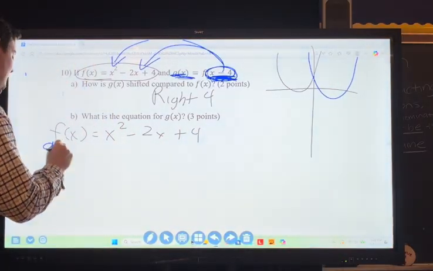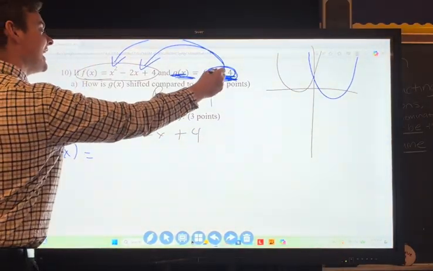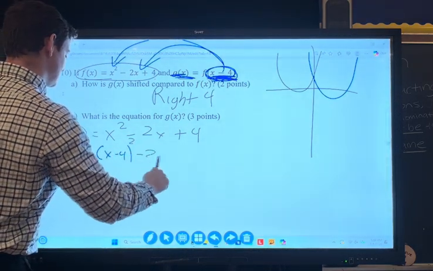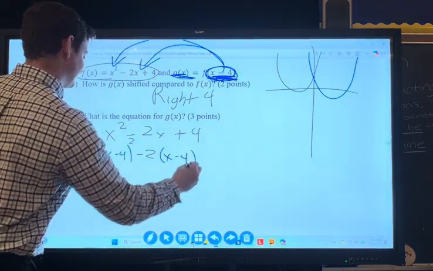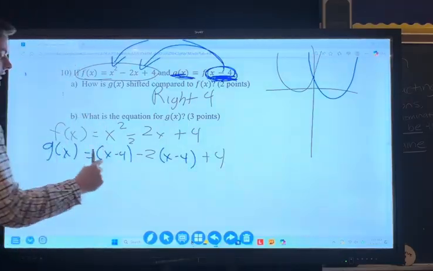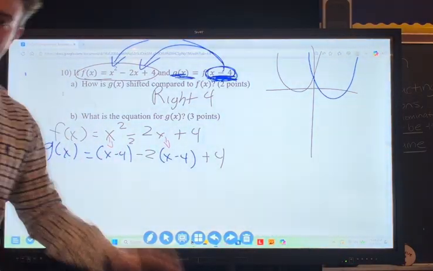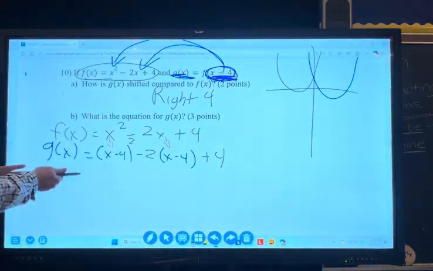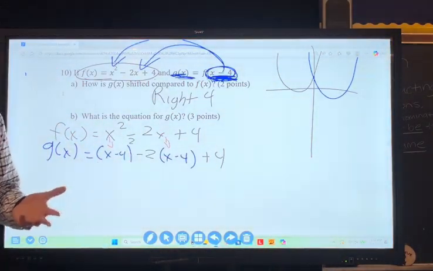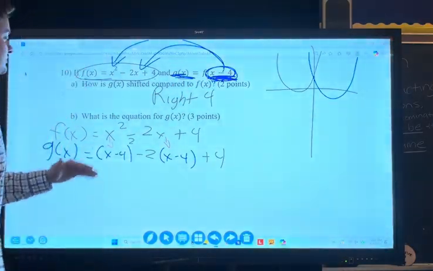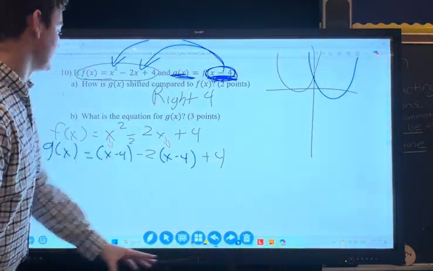But now my g of x is wherever I see an x, I put x minus 4. Wherever I saw an x, I replaced it with this blue x minus 4. Cool. This is my equation for g of x. Just getting there is most of the work. Now it's just simplifying this whole line.